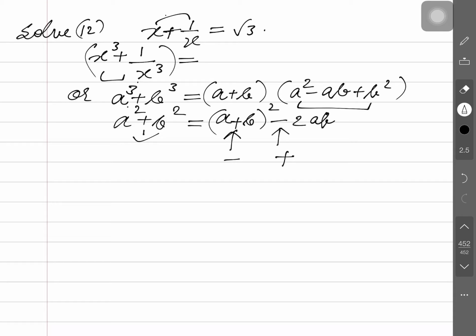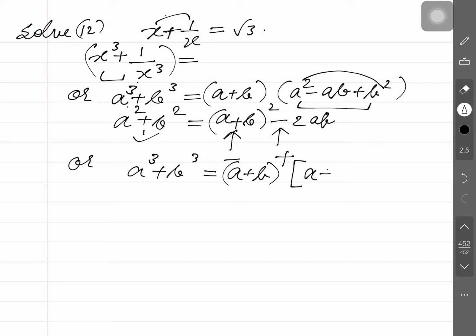So, this a square plus b square can be replaced here. Okay. So, what shall it be? It is a cube plus b cube is equal to a plus b. I just want to tell you why you are doing this, because you are bringing the whole expression into terms of a plus b. Why? Because the a plus b format is given here.